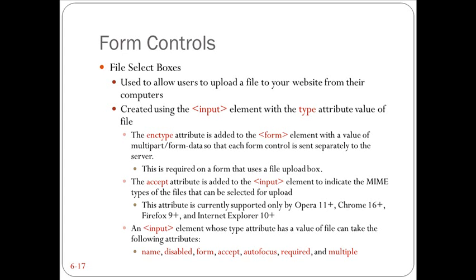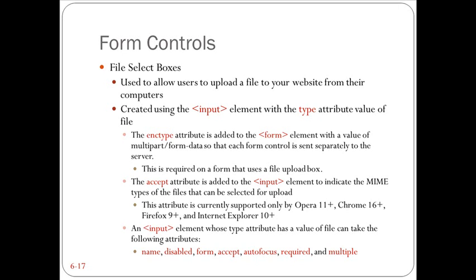This is required on a form that uses a file upload box. The accept attribute is added to the input element to indicate the MIME type of file that can be selected for upload. This attribute is currently supported only by Opera 11 and up, Chrome 16 and up, Firefox 9 and up, and Internet Explorer 10 and up.